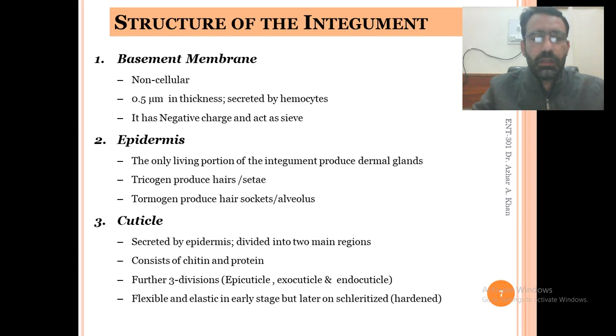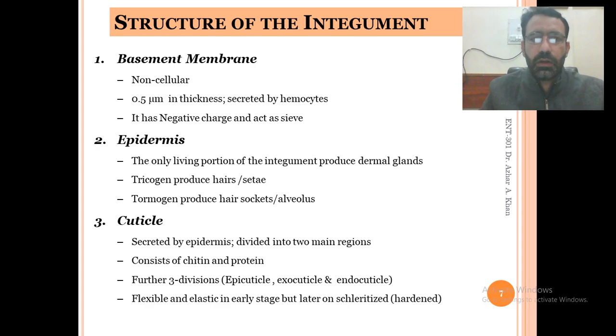It has a negative charge and may also act as a seal. And then the second layer is epidermis. This is the only living portion of integument which produces dermal glands, and trichogen and tormogen cells are present in epidermis.